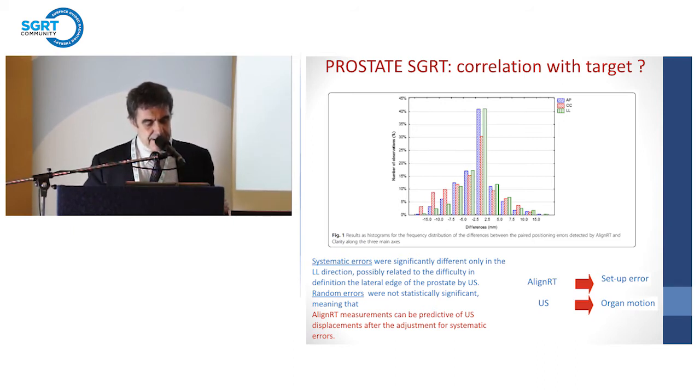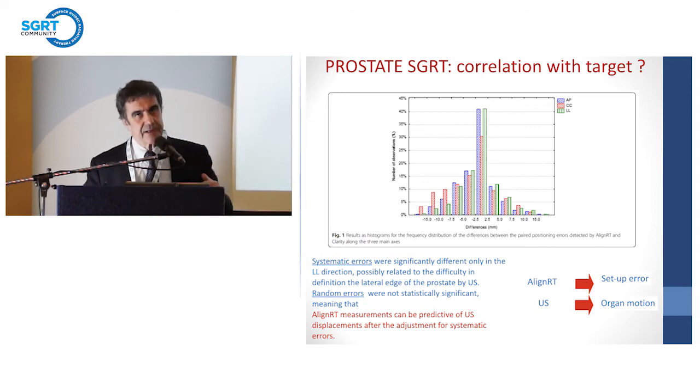And actually we observed that if we can correct the systematic error, typically in the first 5 sessions, then we can quite safely use the AlignRT because there was a very strong correlation in terms of detecting the random error.